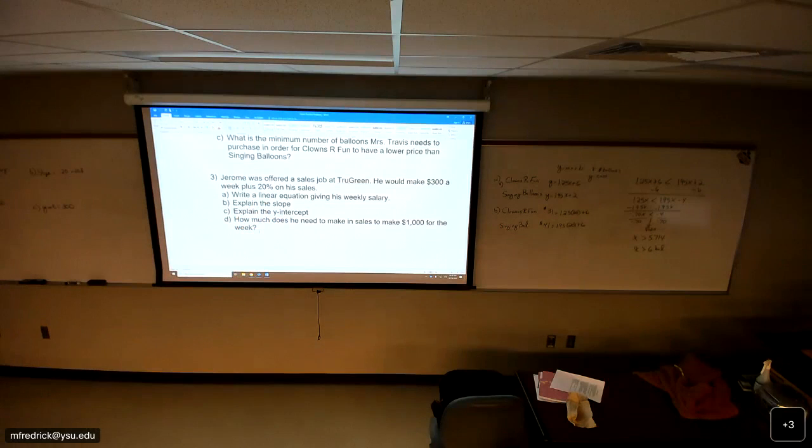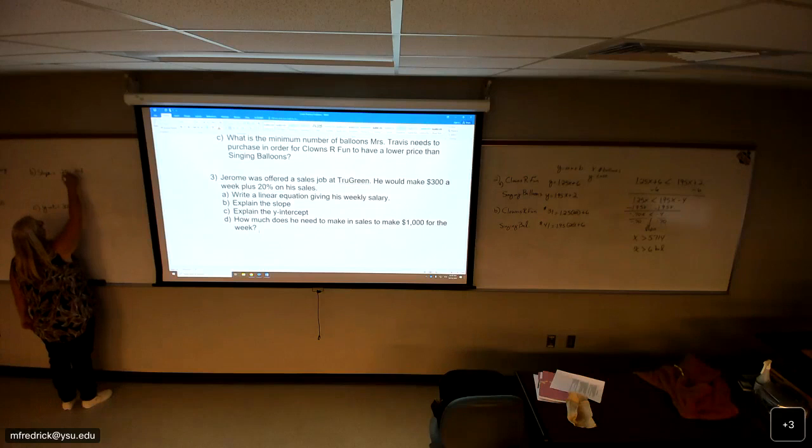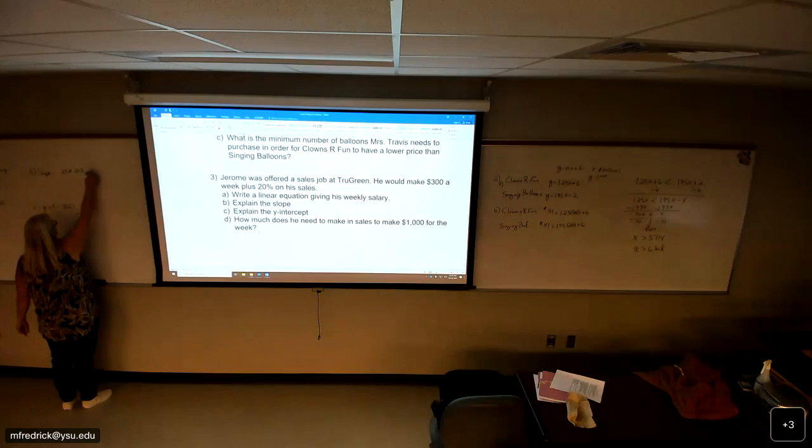When he's figuring out how much he makes, or if he makes one more sale, how much more he will make, he can plug it into here. To explain the slope, it's probably easier with the percent rather than the decimal. So Y, which is sales. Oh no, Y is income, salary.